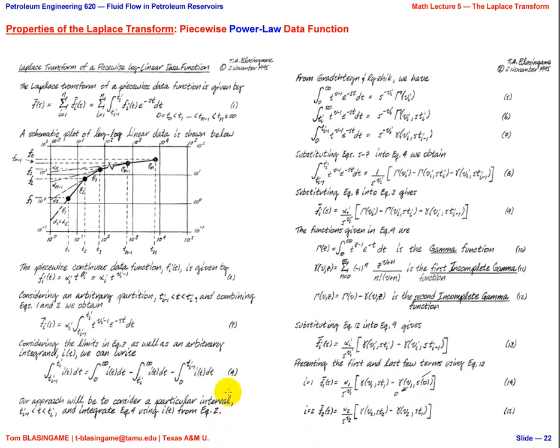So when you have a set of data in a log-log scale, the log of t and the log of p as a function of t, if you transform this to Laplace domain, you get this function, okay, in terms of incomplete gammas.